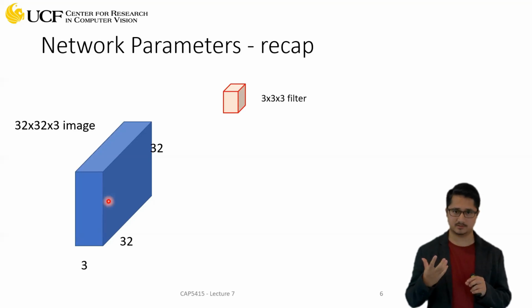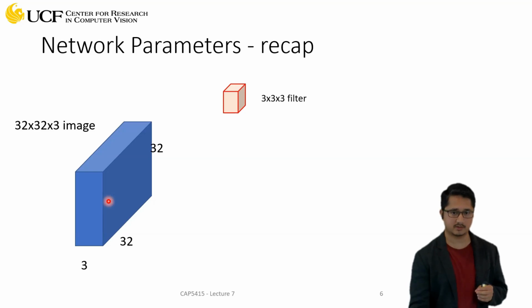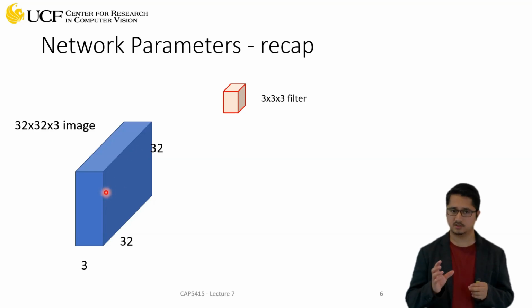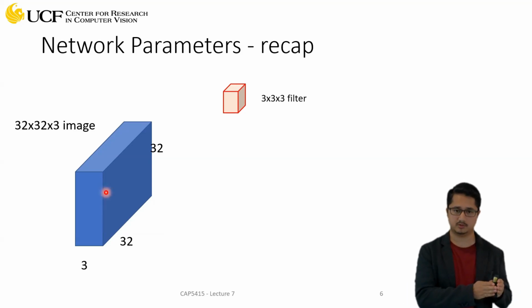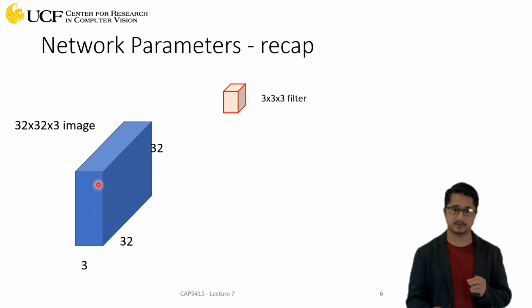Both are storing some values, some numbers, so in that sense they are similar things. But data depends upon your input sample. What value you will have in this activation will be highly dependent upon what image you have used as your input, if let's say this is an activation map after some of the intermediate layers.